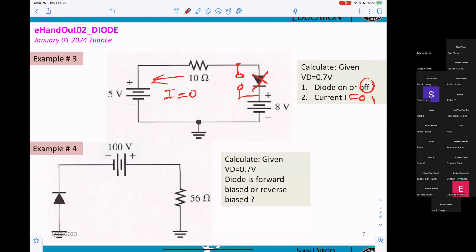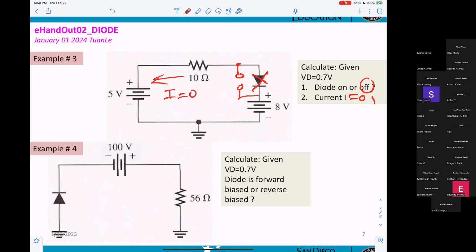Okay, number 4. Professor, wait, on number 3, I just want to clarify. It doesn't matter which way the diode is positioned in the circuit, you have positive to positive, so there is no electrical flow. You have to have positive to negative, right? Yeah. That means current is supposed to flow from positive 8 volt to the positive 5 volt if you put the diode the other way.